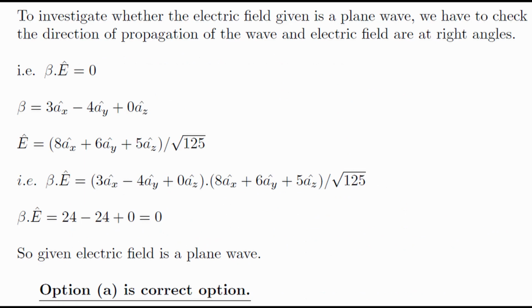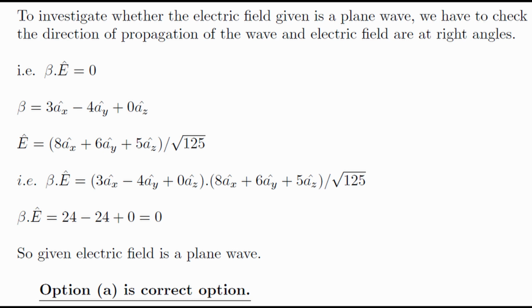To investigate whether the electric field given is a plane wave, we have to check the direction of the propagation of the wave and the electric field are at right angles. That means the dot product of the propagation constant beta and electric field should be 0. So the dot product of beta and E is indeed 0. So the given electric field is a plane wave. So option A is a correct option. So we will mark option A as the correct option.